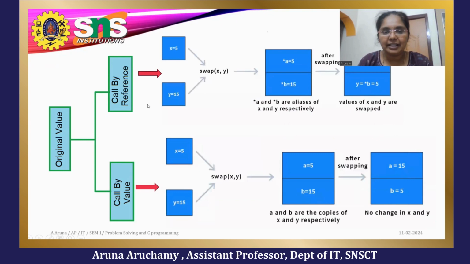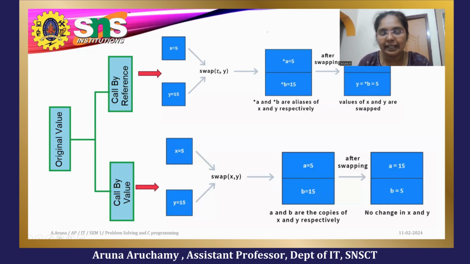See here, I will quote an example. My x value is 5 and y value is 15. Swapping means that after coming over here, the x value I'm passing as 5 and y as 15 will be changed: x becomes 15 and y becomes 5. Here I'm passing the alias.